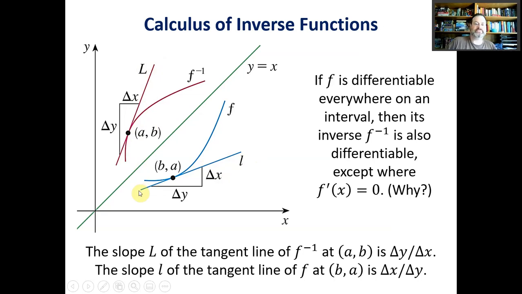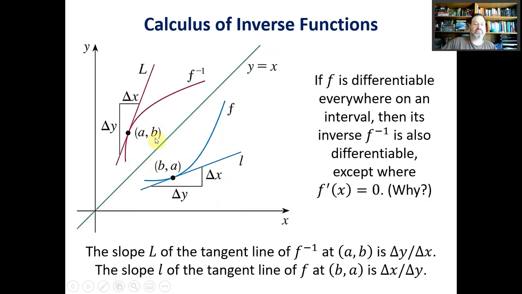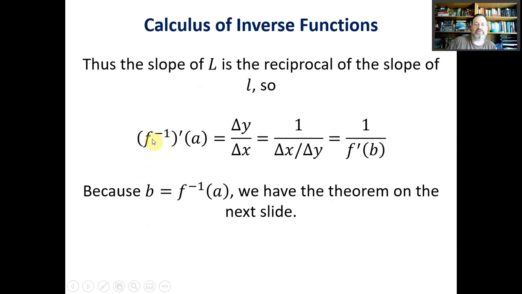Great. It should totally make sense because we're switching x and y. And we know that b is f inverse of a from the graph. So f inverse of a is b. It's just its own function.